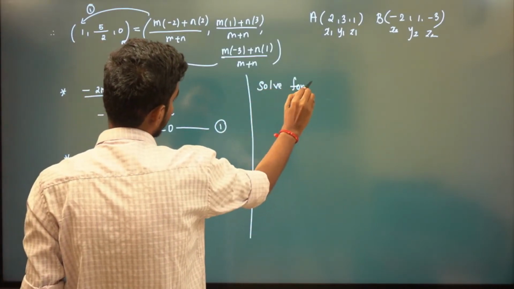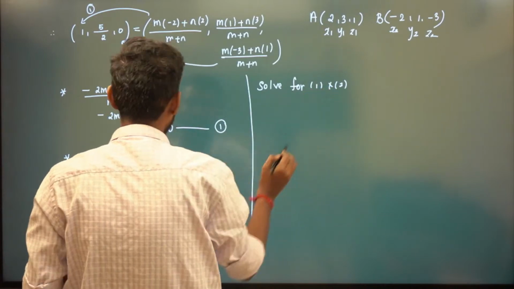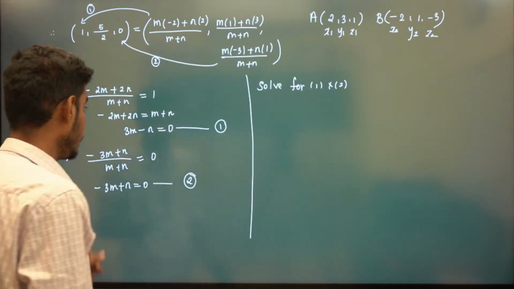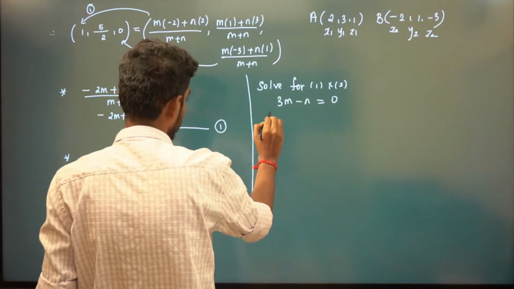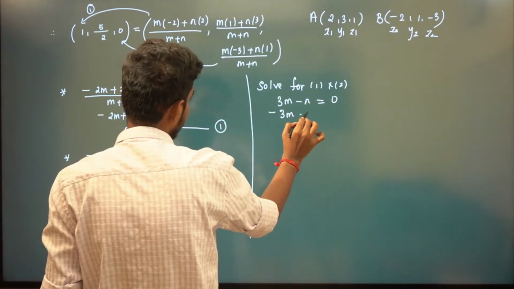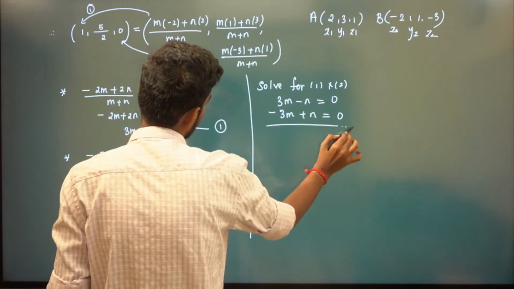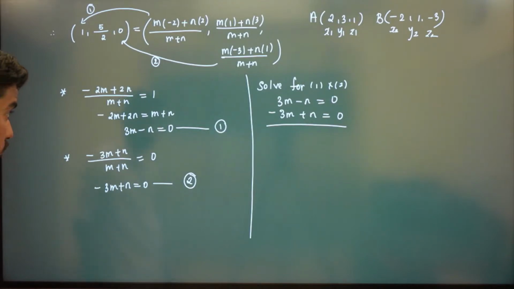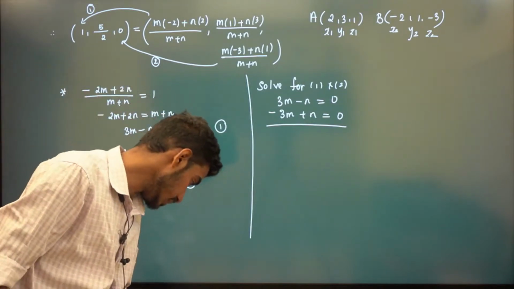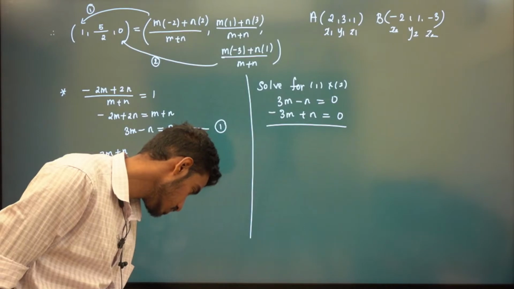Now solve for 1 and 2. So we have 3m minus n is 0 and minus 3m plus n is 0. I think you'll be getting infinitely many solutions here.